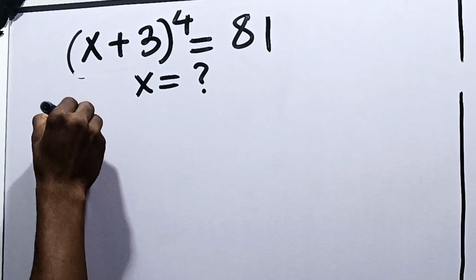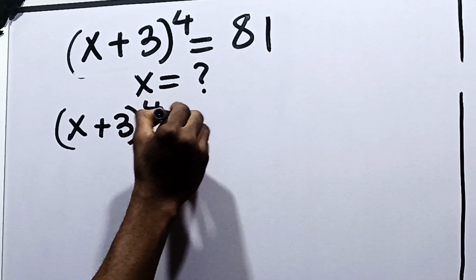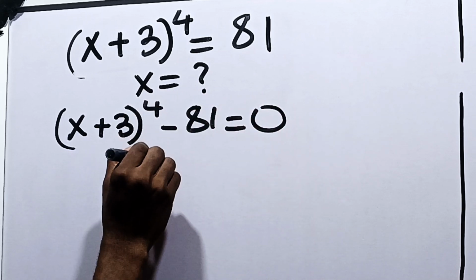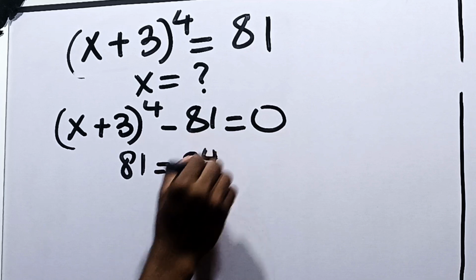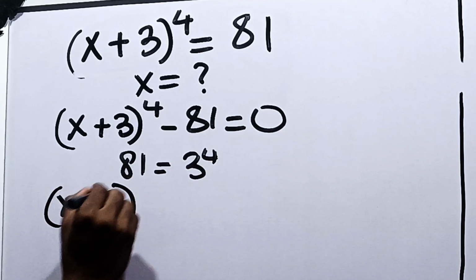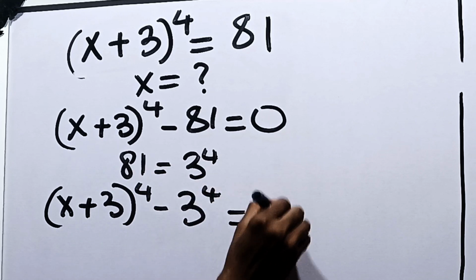Now, we're going to have (x + 3)^4 - 81 = 0. Now, 81 is equal to 3^4. So we have (x + 3)^4 - 3^4 = 0, okay?